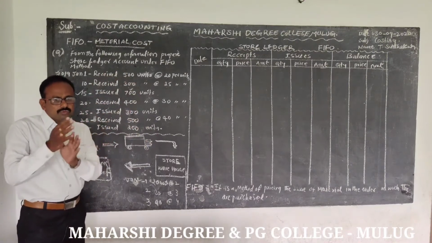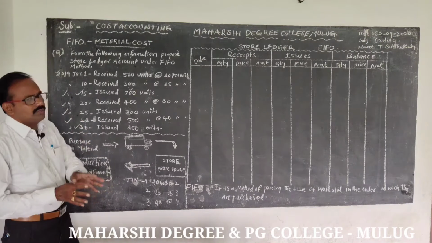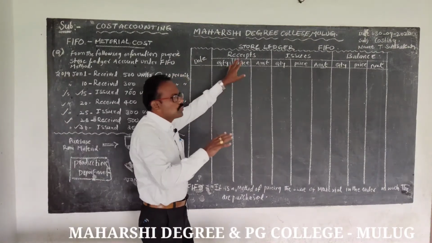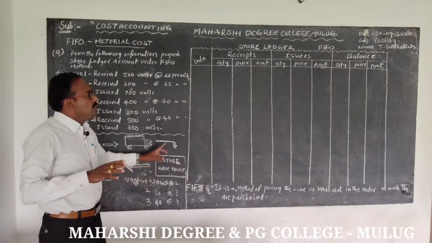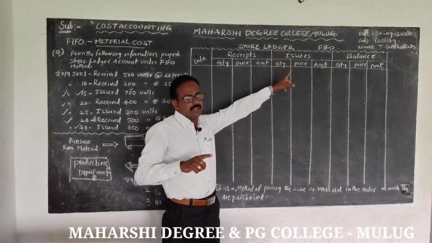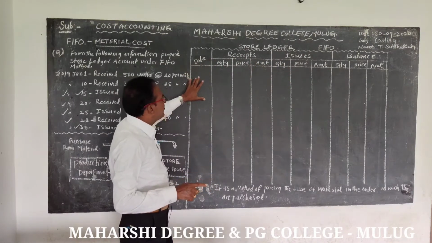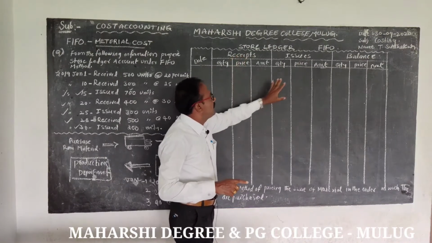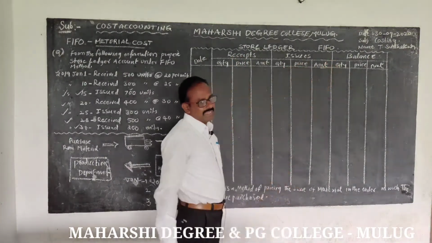Total receipts, purchases of goods and issues, the total transactions are posted in the store ledger in the store department. So the store ledger is prepared by the FIFO method. The first column is the date column, the second is the receipts column, the third is the issued column, and next the balance column.